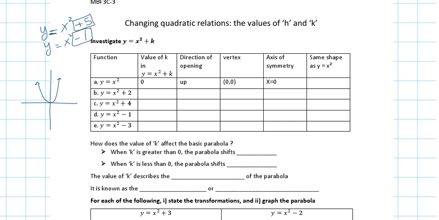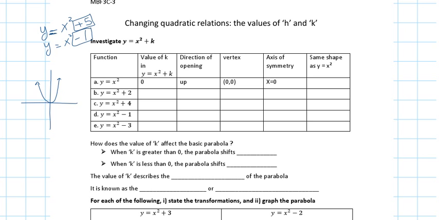So we're going to take it to the decimals, and then we're going to graph these 4 or 5 different functions, and see what happened to the graph once I add 2 or add 4, subtract 1 or subtract 3. Now before we start, can we identify the values of k? What's the value of k in y equals x squared plus 2? 2.